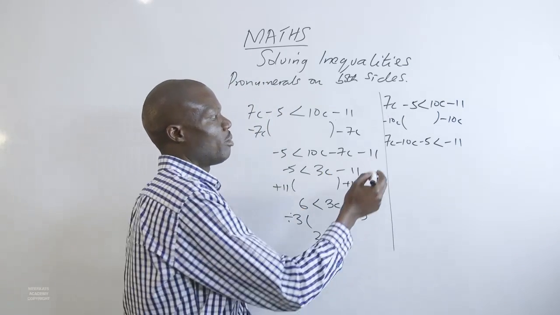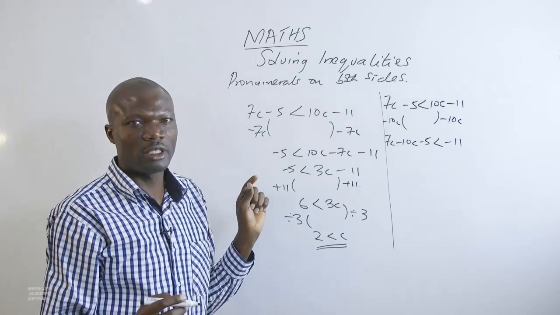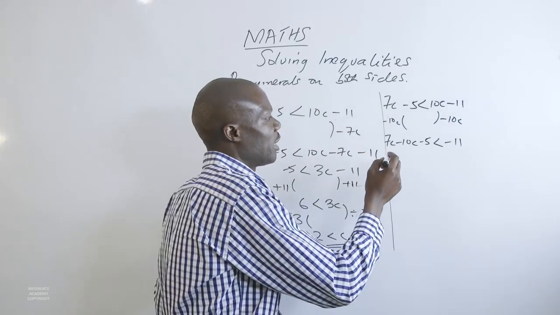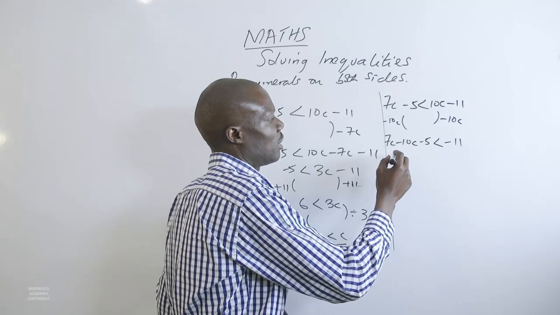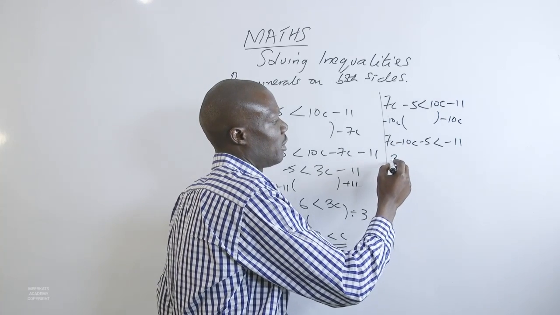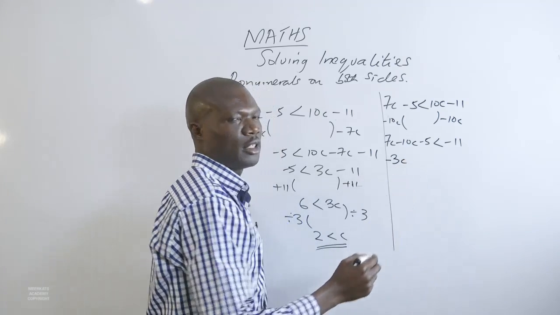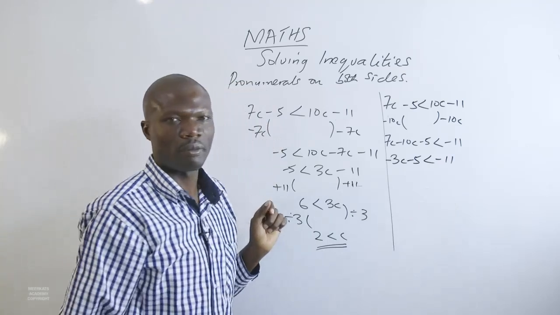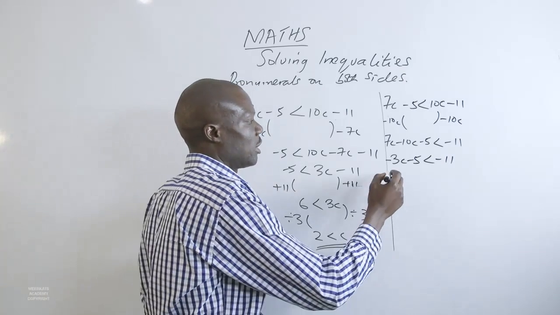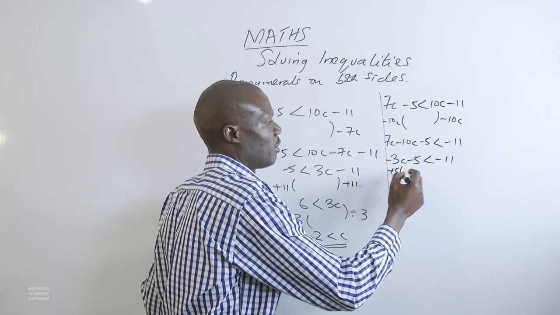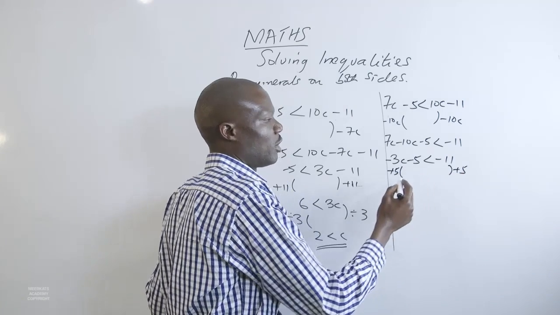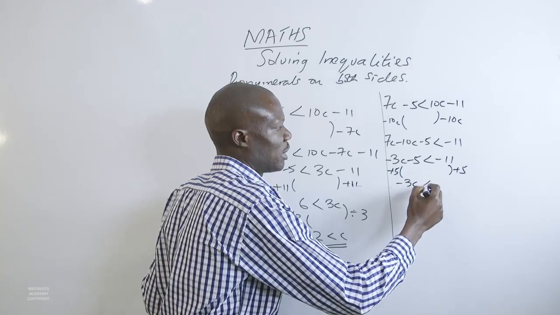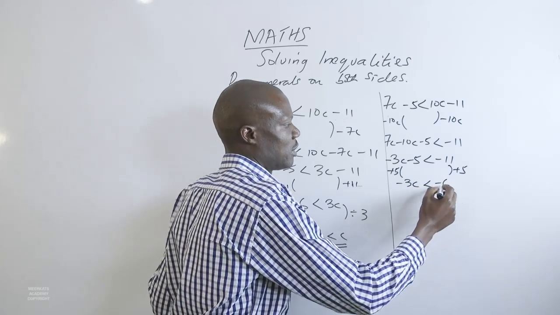Then we go ahead and combine 7c minus 10c, which gives us negative 3c minus 5 is less than minus 11. Add 5 on both sides, plus 5, plus 5. You find that minus 3c is less than minus 6.